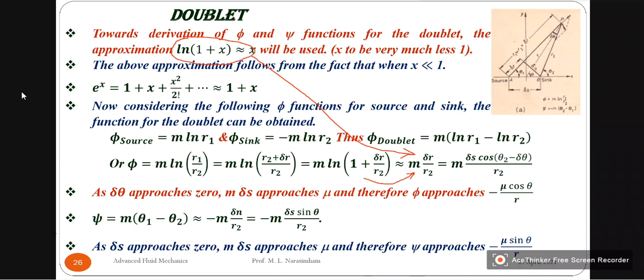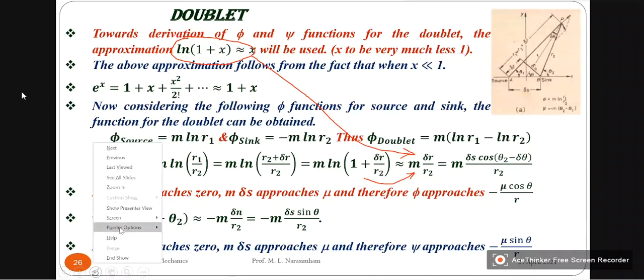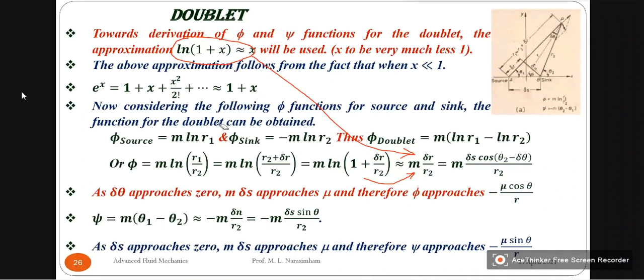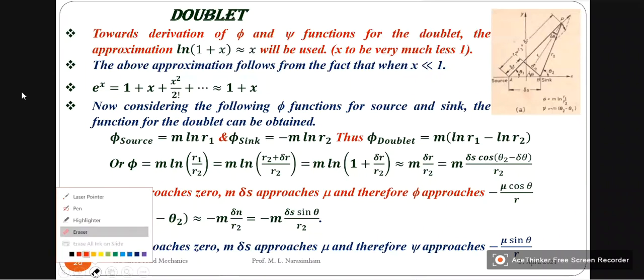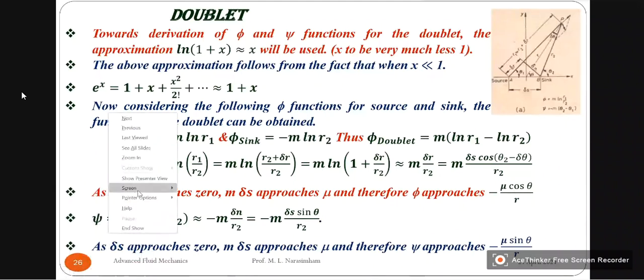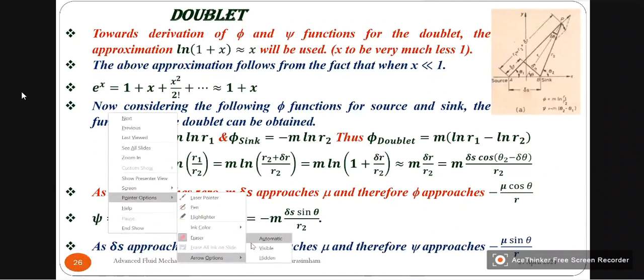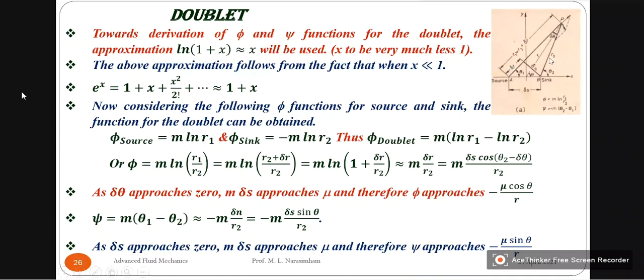Now the actual flow pattern is that the source and sink are moving towards each other. That means the angle delta theta here, see this angle delta theta.